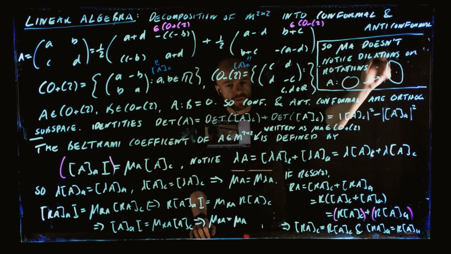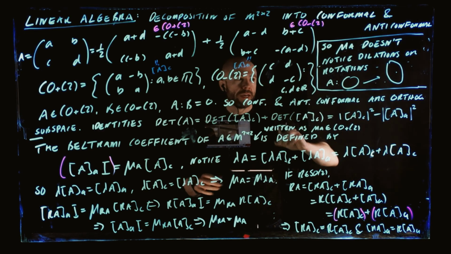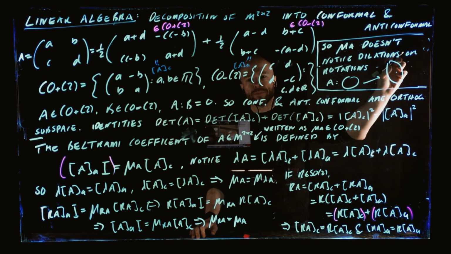It's also not going to detect where you rotate it around. It's going to be this 2-vector that just understands the shape.